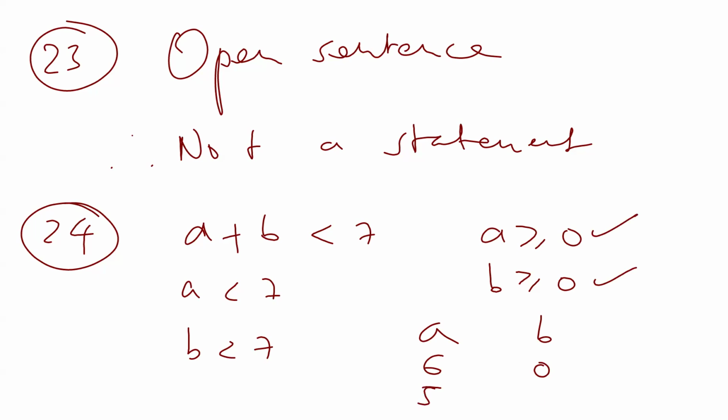If A is 5, B is 1 or 0, the total will be less than 7. If A is 4, B will be 1, 2 or 0. The total will still be less than 7. So this particular thing is true. Since it is true, therefore it's a statement.